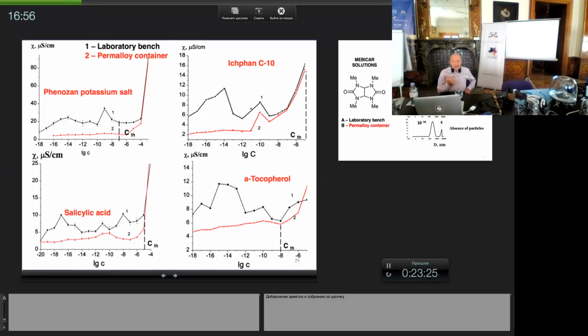What does it mean, high dilutions? In our body, we have these homeopathic dilutions all the time. You can imagine, you eat something, a piece of carrot, for example, vitamin C, very good. Then you dilute it to all your body, to all your blood. What concentration of this vitamin C do you have in your cells?